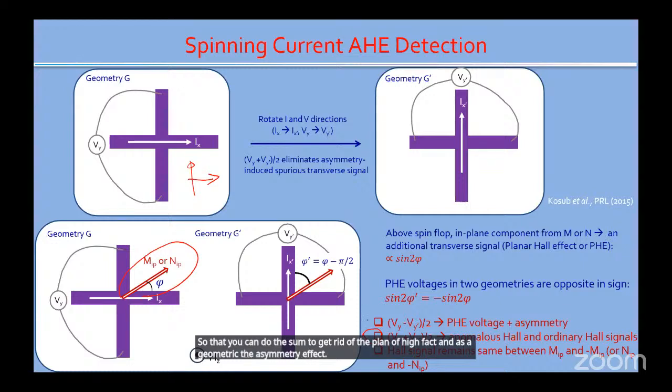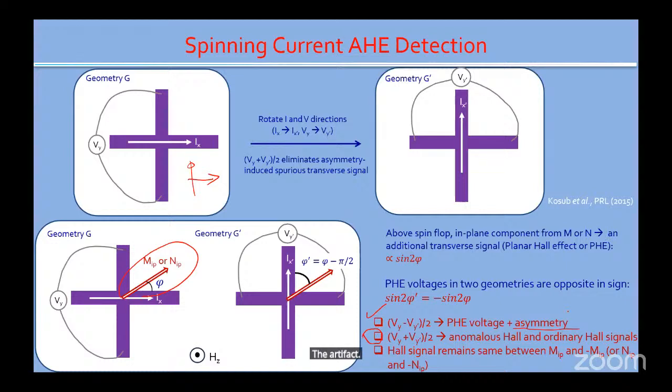But if you do the difference, then you do get the planar Hall effect. You can separate them. There's also symmetry-induced signal, but that presumably would be much simpler. When you change the magnetic field, you're looking for some characteristic that you don't expect from the asymmetry-induced artifact. Then you get the planar Hall effect.